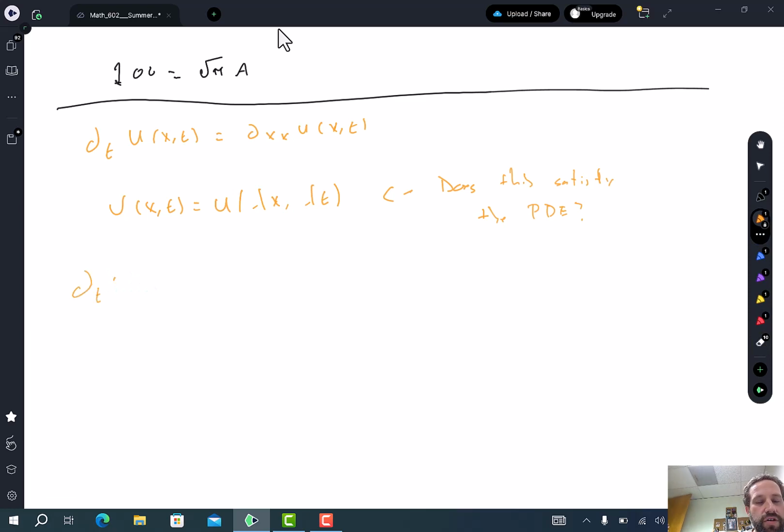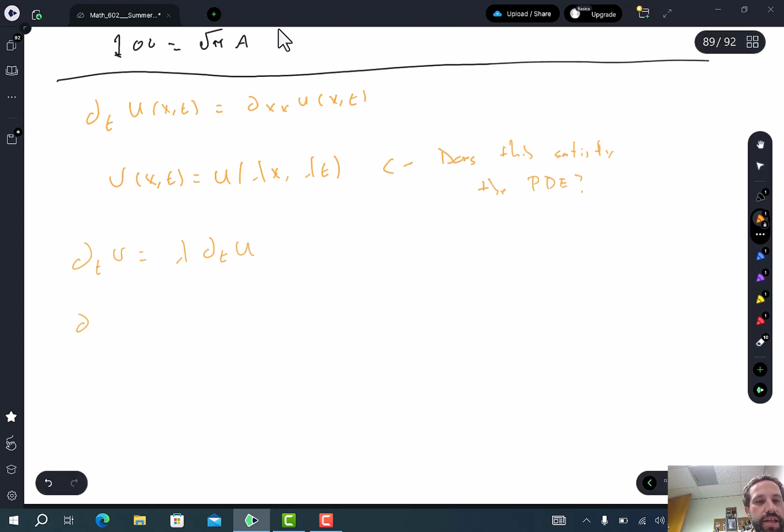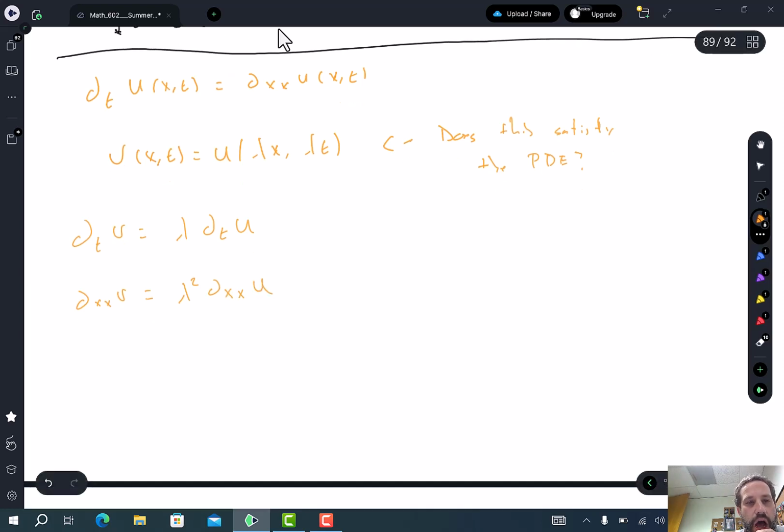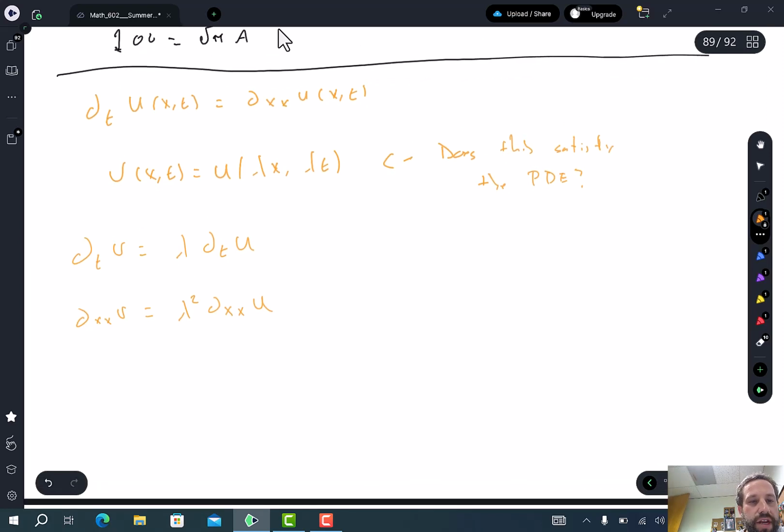So the t derivative of v is equal to lambda times the t derivative of u. The double x derivative of v, I'll let you think about this, is going to be equal to lambda squared times the double x derivative of u. So the t derivative of v is not equal to the double x derivative of v, because in the t derivative I have a lambda, but in the x derivative I have a lambda squared.